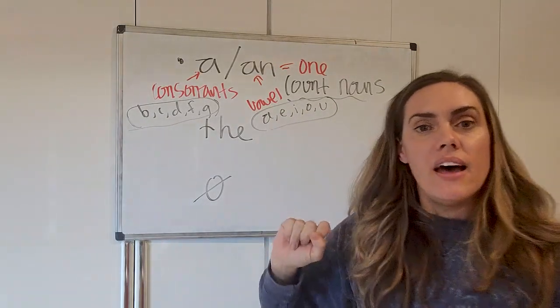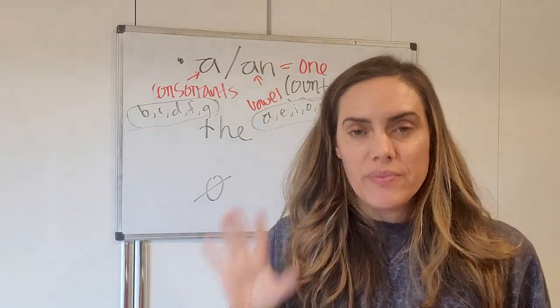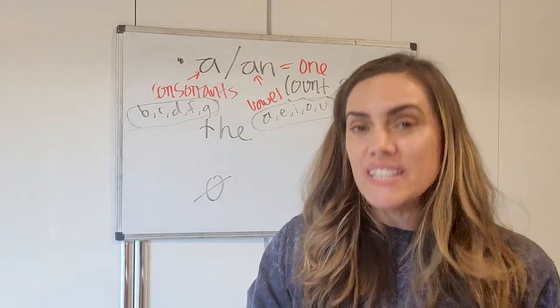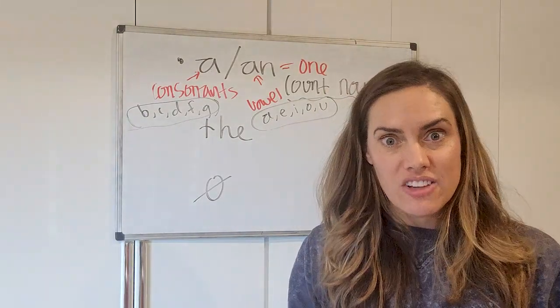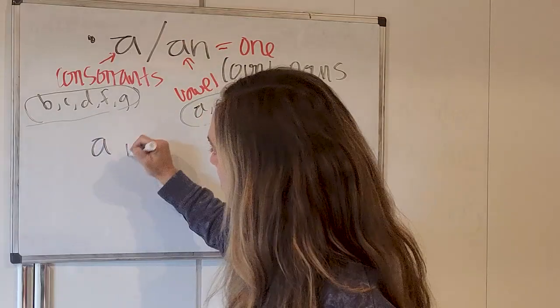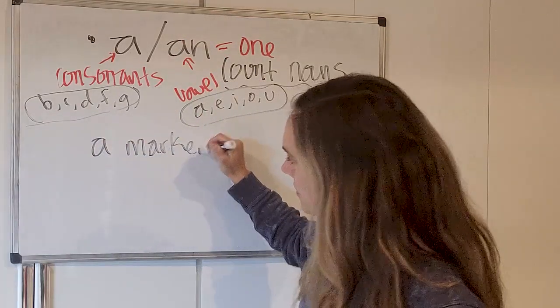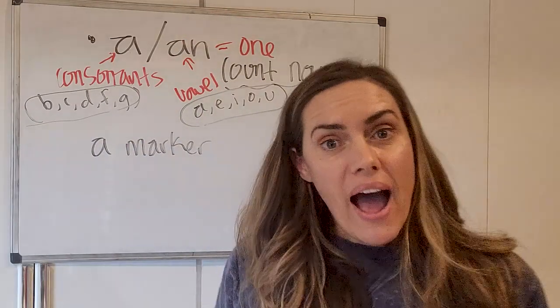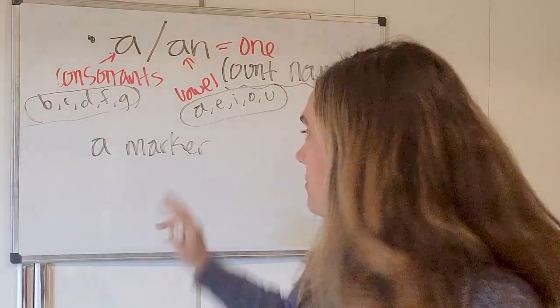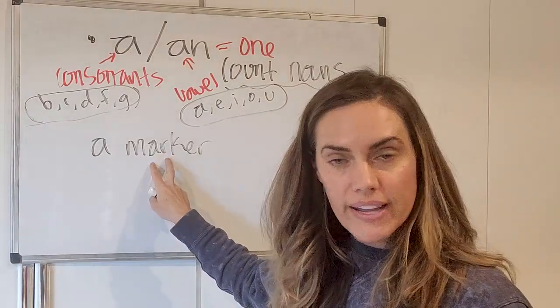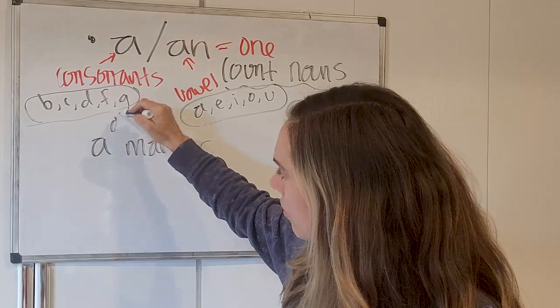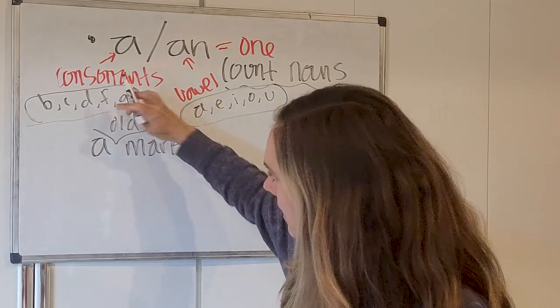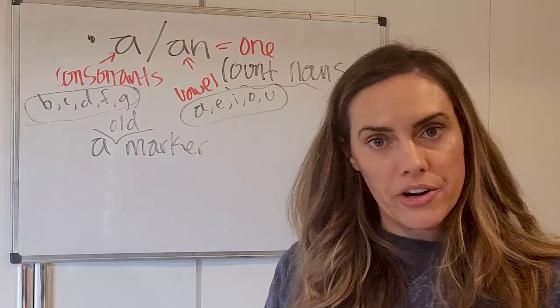Okay? All right, so what I'm gonna do though is now explain why this gets hard. So we can say a marker, right? But I can add an adjective before this noun, right? So I can say old, okay? Old marker.